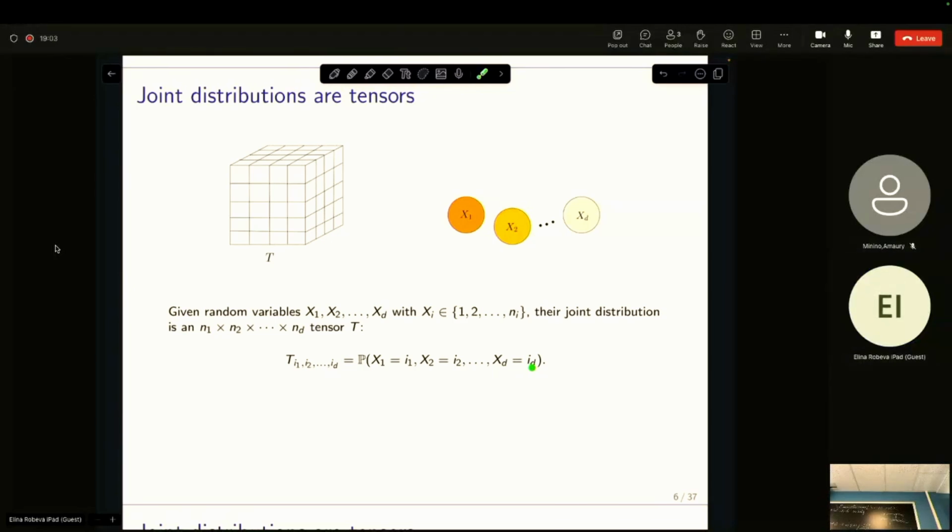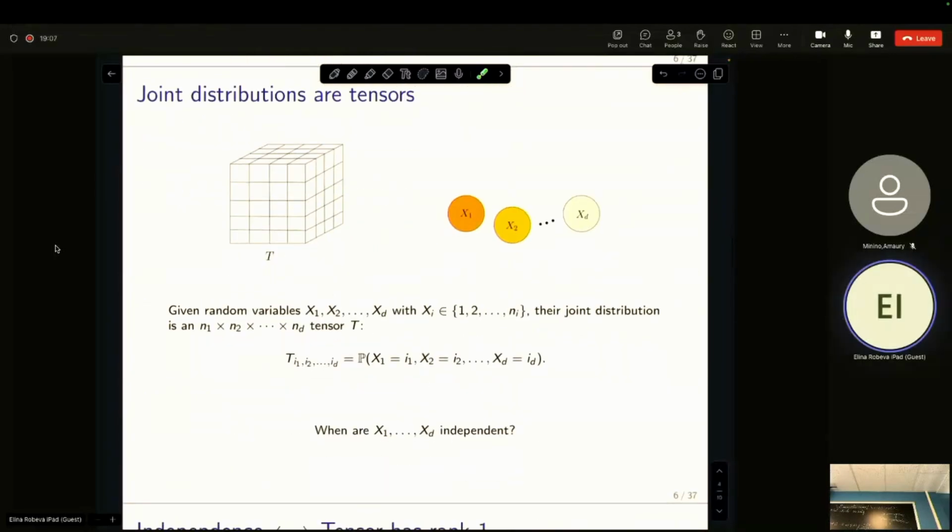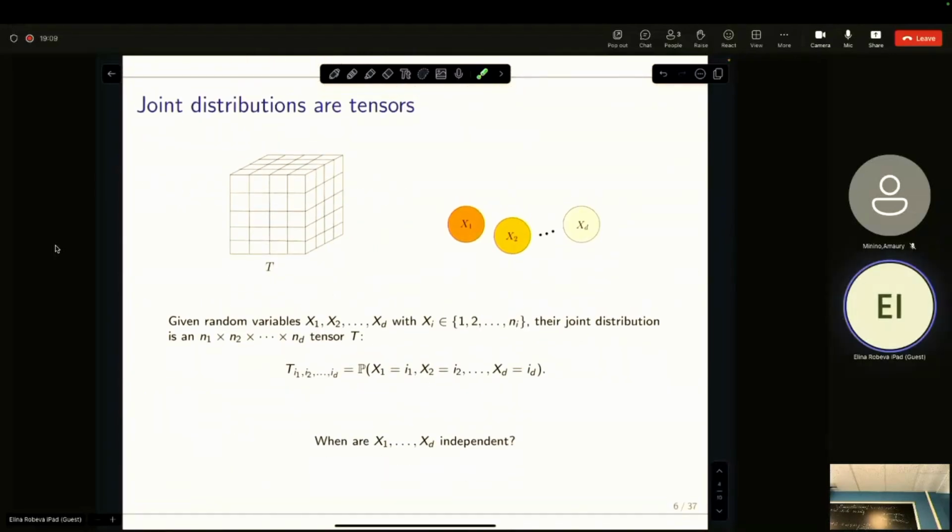My question is, when are these variables independent? Can you see what happens with the joint distribution tensor T if they're independent?